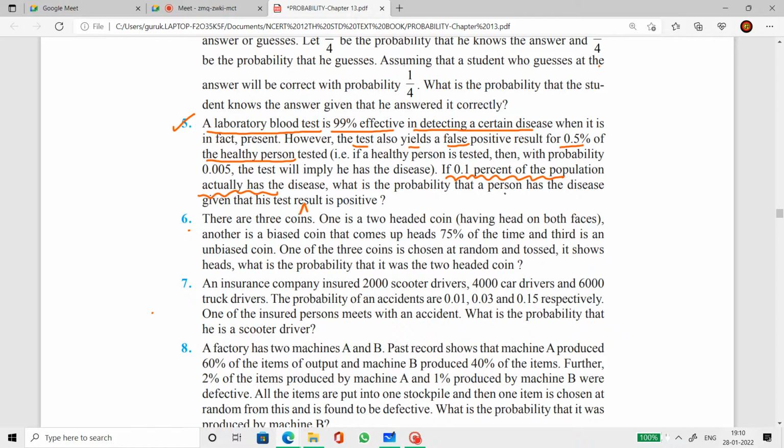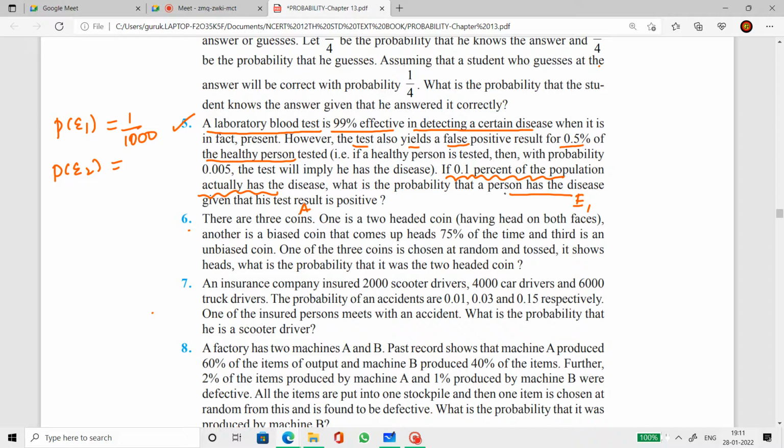So let the test being positive be A, and the person having the disease be E. I'm writing all the information on the side, so it's easy to connect with the question. So P of E1 is the probability of selecting a person who actually has the disease. So this is E1. Out of that, 0.1 percentage only have the disease. 0.1 percentage is 1 by 1000. So P of E2, E2 is the complement of E1 normally.